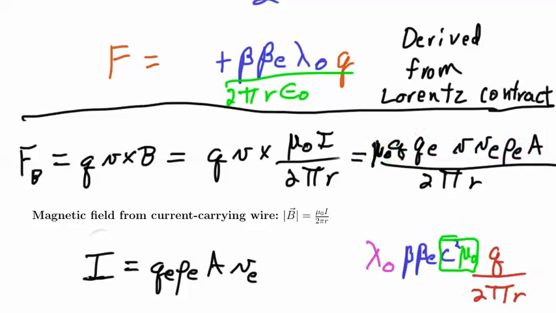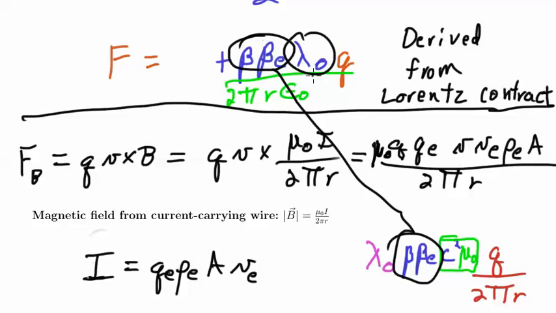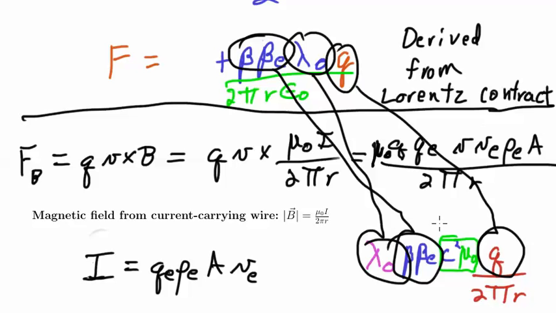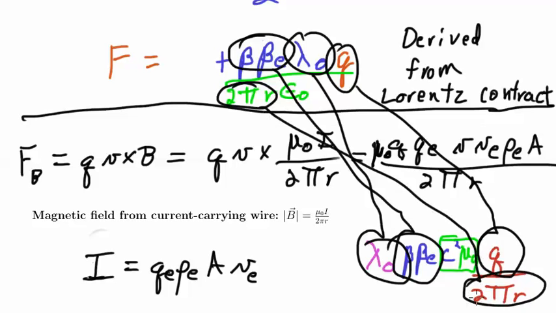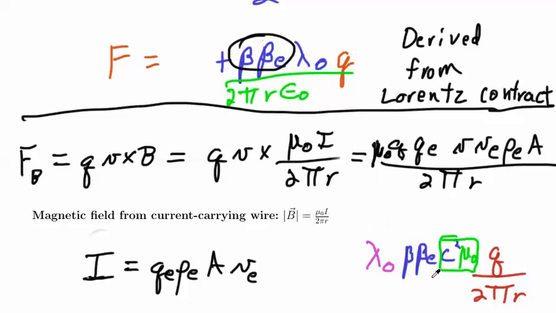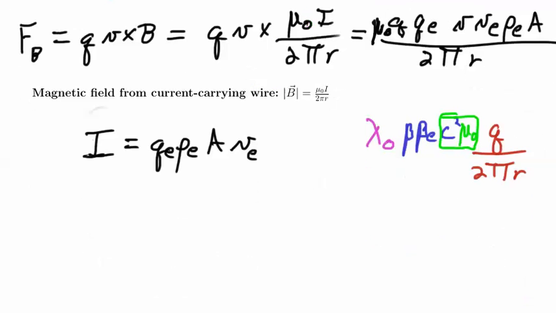It turns out that these equations are the same, beta sub E lambda sub naught, Q over 2 pi r, and the only difference is if C squared mu sub naught is equal to 1 over epsilon naught, then these are the same.